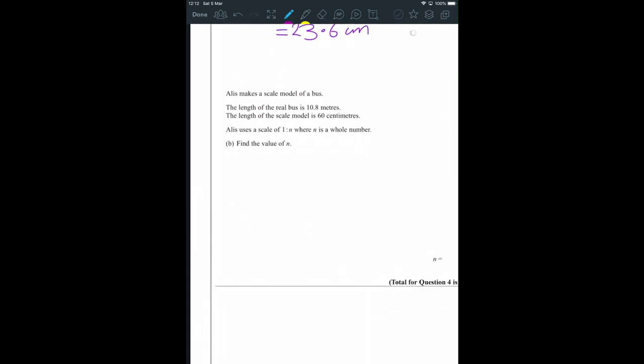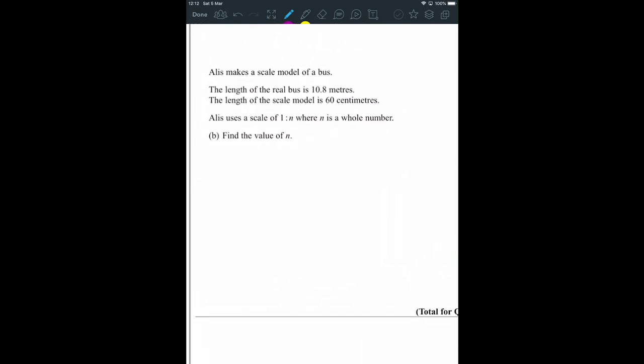We're also going to make a model of a bus. We have the length of the real bus compared to the length of the scale model, and we want to find the ratio in 1 to n. So let's set up the ratio first, noticing that we have to convert to the same units.